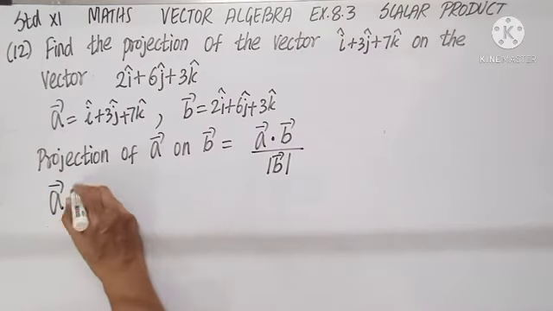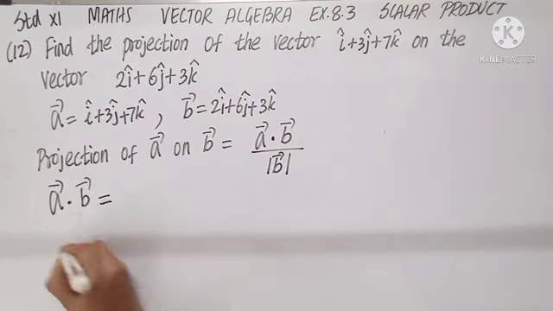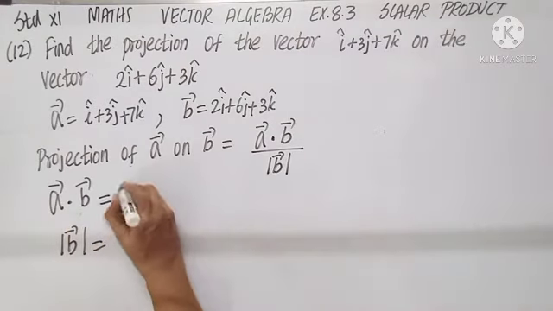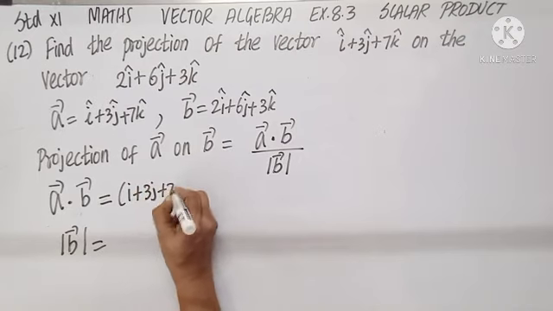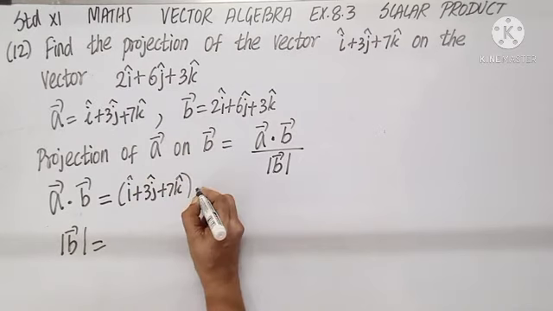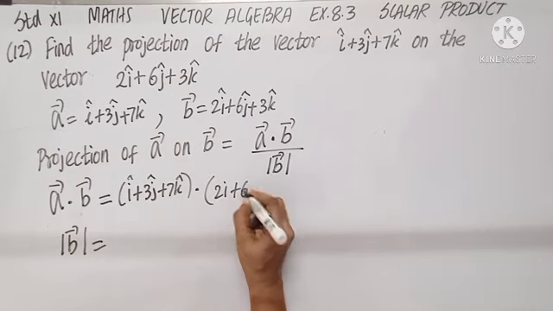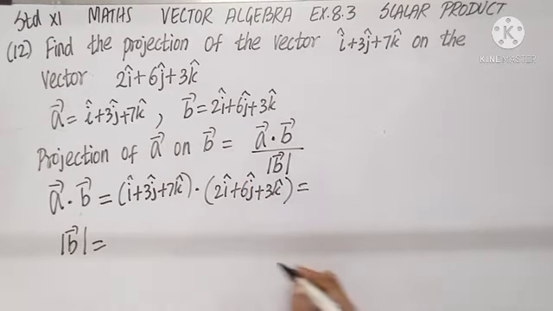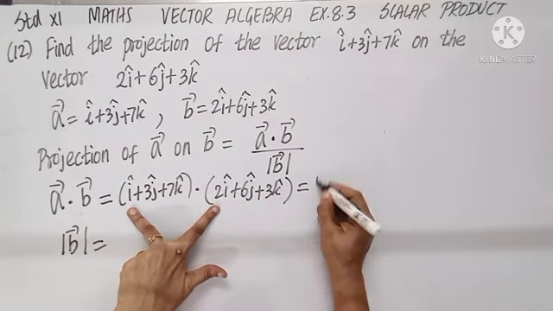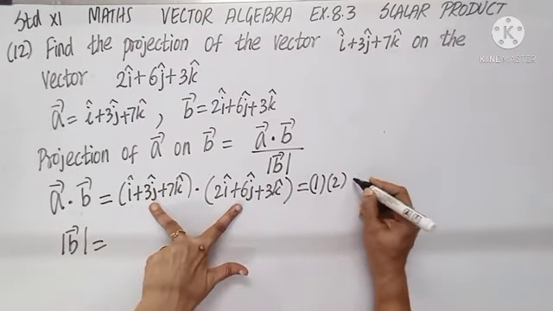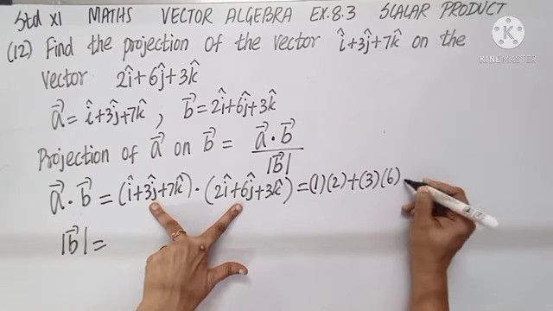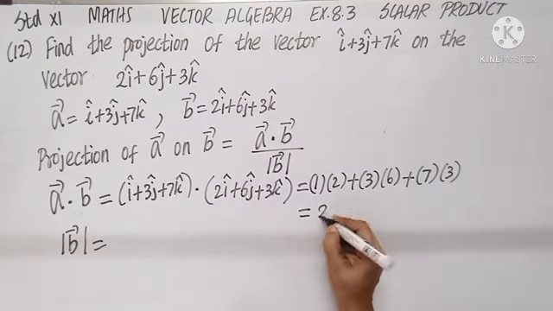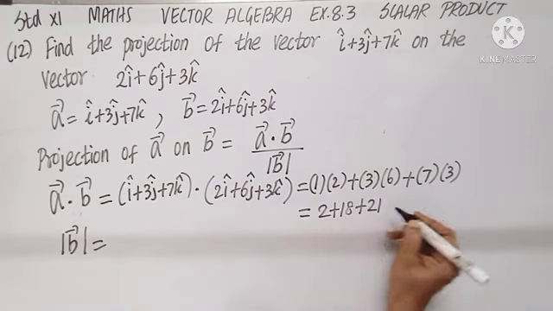Let us find out what is A dot B, also what is modulus of B. A vector I plus 3j plus 7k dot B vector 2i plus 6j plus 3k. And we remember dot tells us multiply I and I, 1 into 2, 3 into 6, k component, 7 into 3. As I simplify, it is 2 plus 18 plus 21.